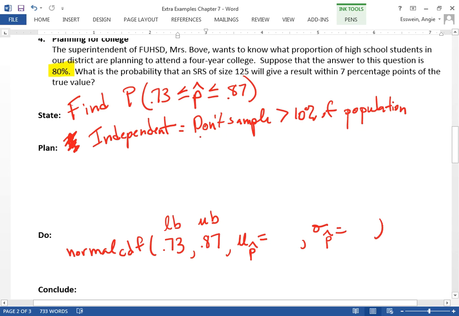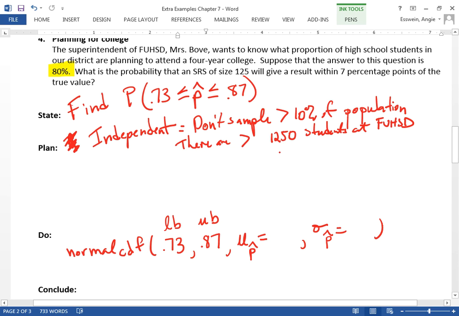If we take 125, is that more than 10% of the number of students in our district? No. You would explain it: there are greater than 1,250 students at FUHSD. So we're okay, because we're not sampling too many.